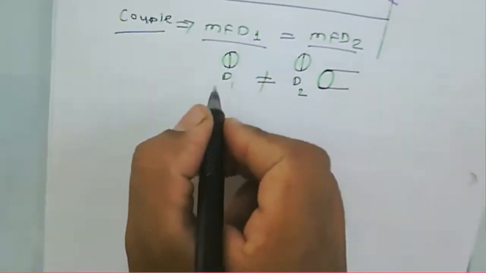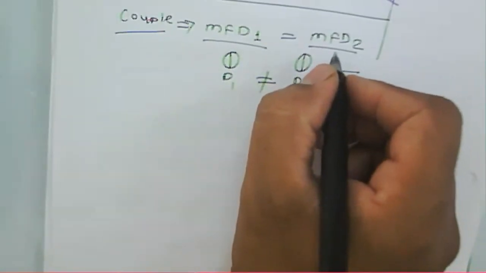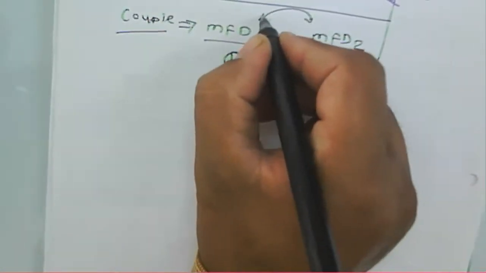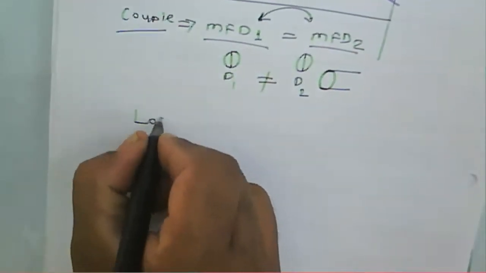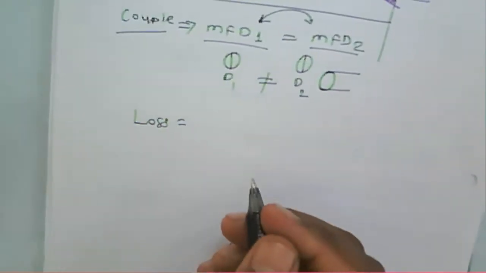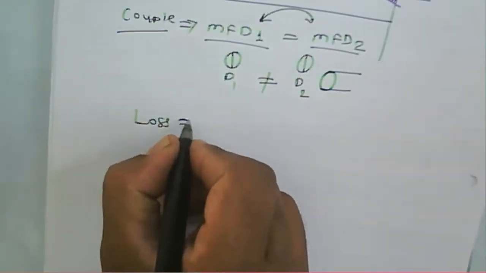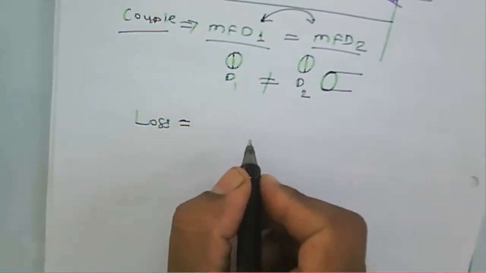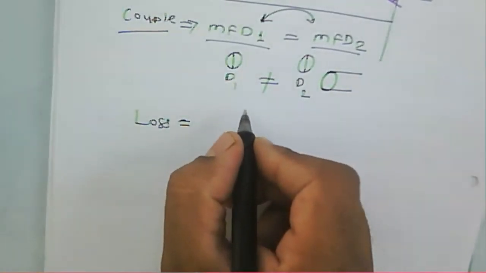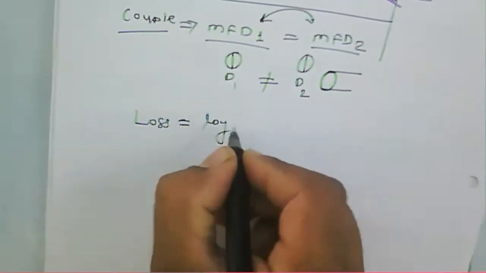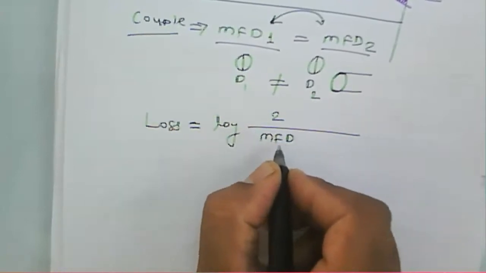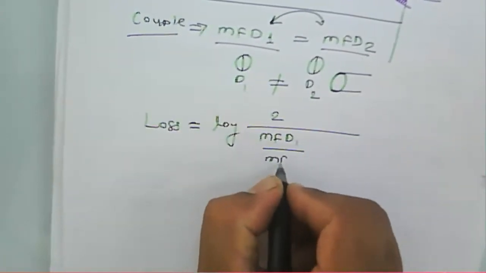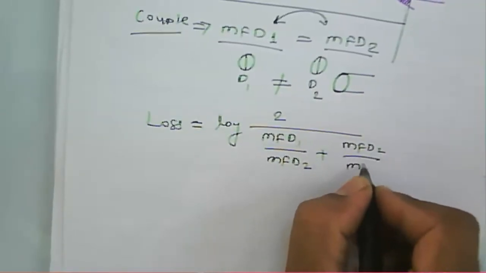Coupling of power from one fiber to the other fiber will take place if the mode field diameter is the same. If the mode field diameter is not the same, then the loss is equal to logarithm of 1 by 2, mode field diameter of 1 divided by mode field diameter of 2 plus mode field diameter of 2 by mode field diameter of 1.